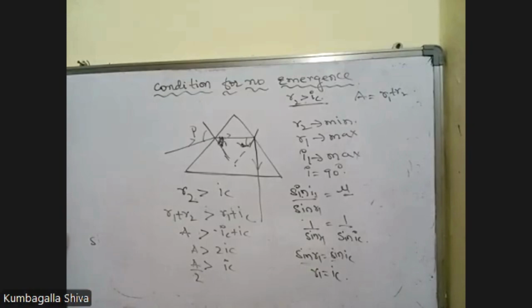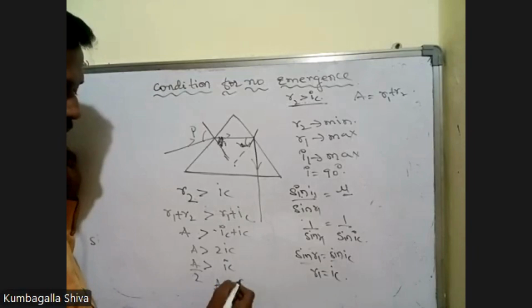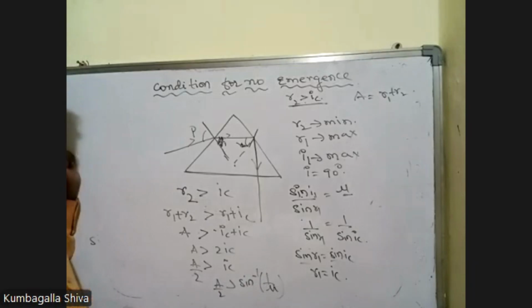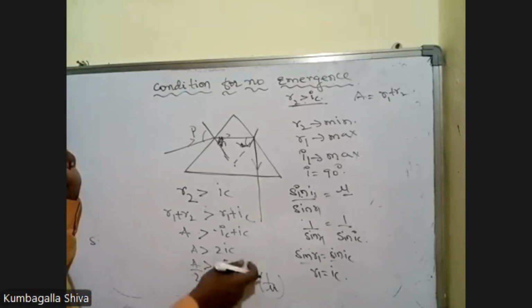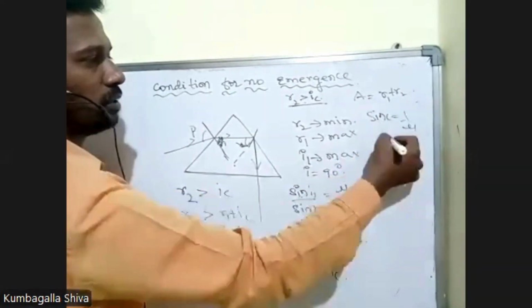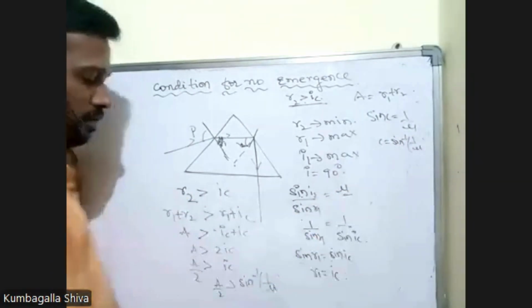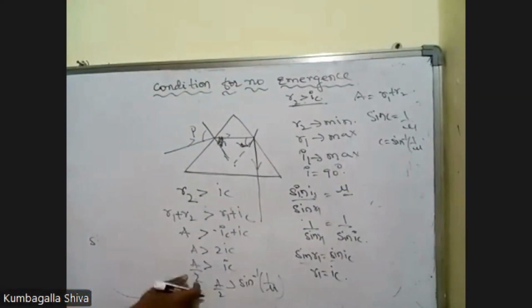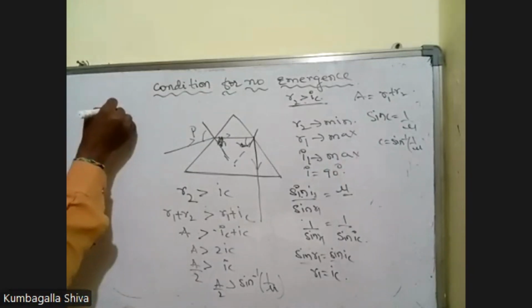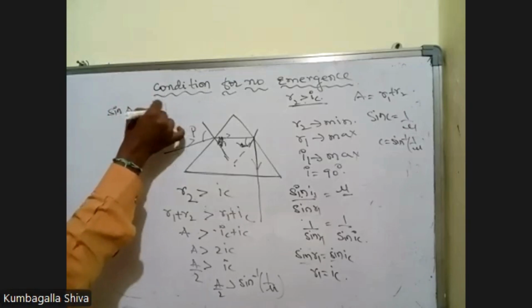Now, what will I do here? IC can be written as sine inverse of 1 by mu, because IC, what is the formula? Sine inverse of 1 by mu. Now sine C is equal to 1 by mu, so C is equal to sine inverse of 1 by mu. The basic formula I have applied here. Now sine A by 2 is greater than 1 by mu.